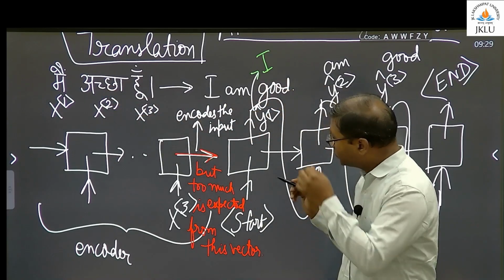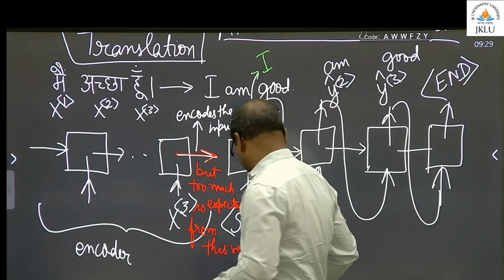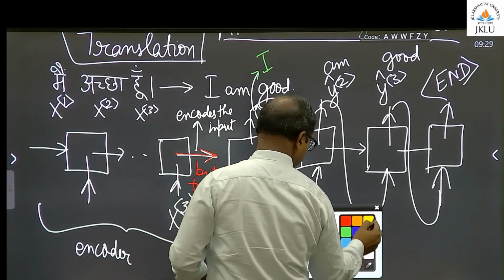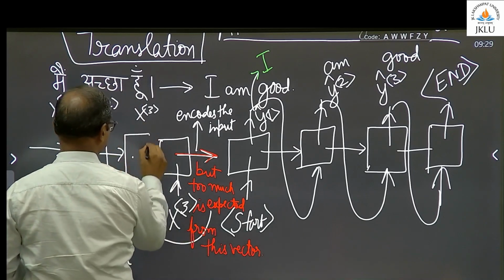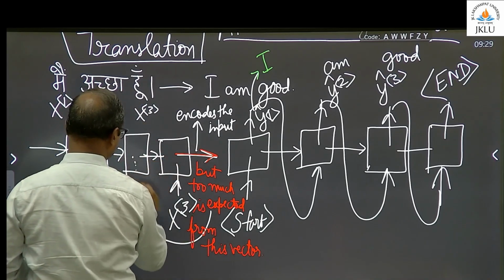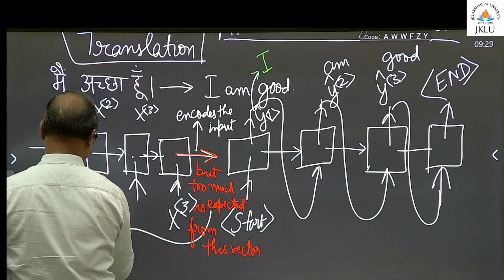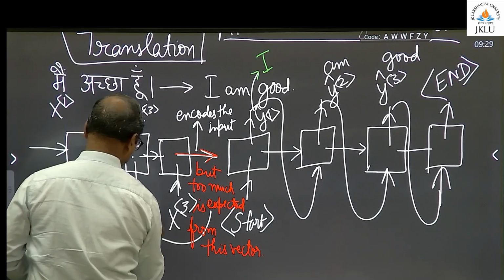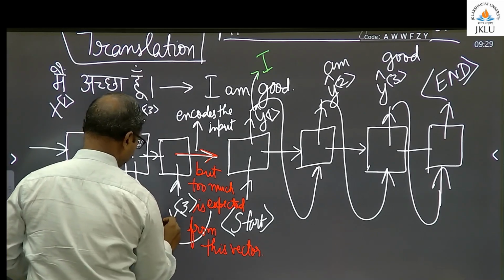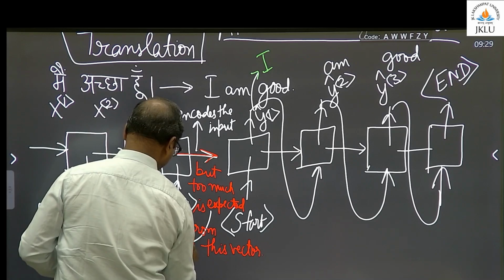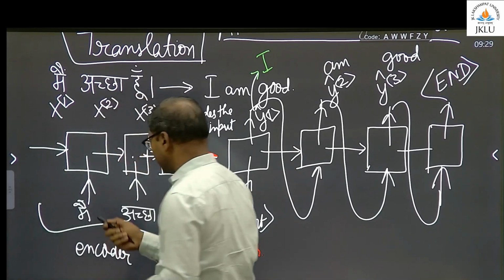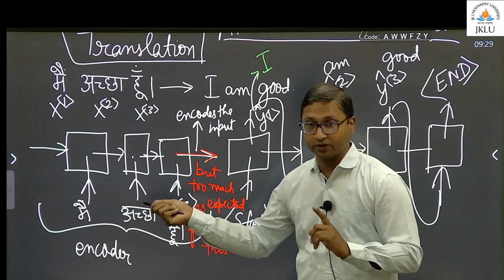Now what do we do? So let me also draw this third one, because there are only 3, I can afford to do it. So this is मैं अच्छा हूँ, but of course I need embeddings for Hindi words.